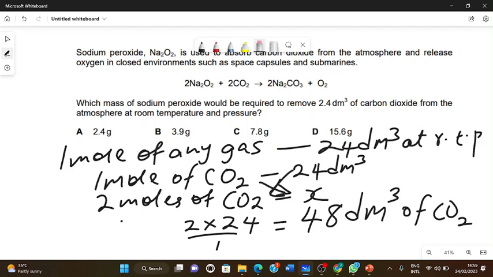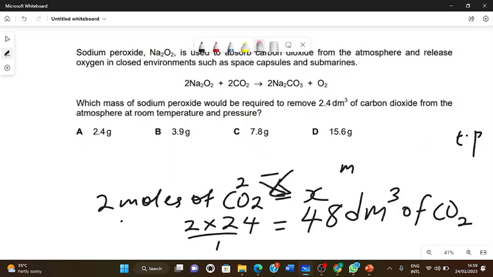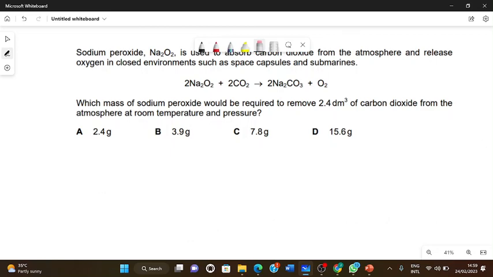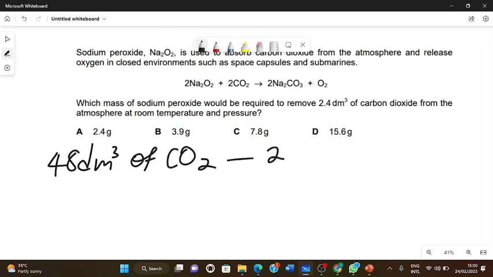So since we've established the fact that 2 moles of carbon dioxide will occupy a volume of 48 dm3, that means from our equation, 48 dm3 of carbon dioxide requires 2 moles of sodium peroxide to be removed.